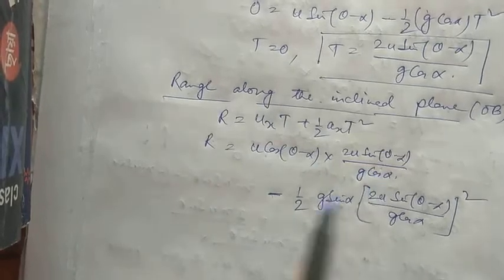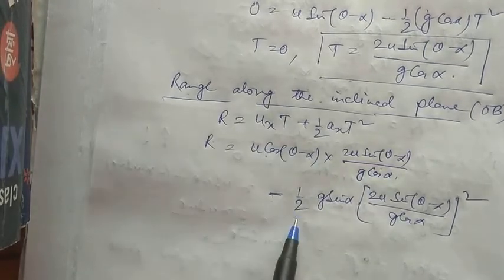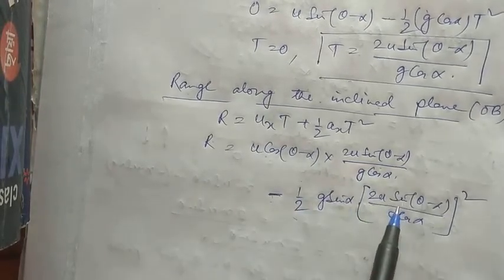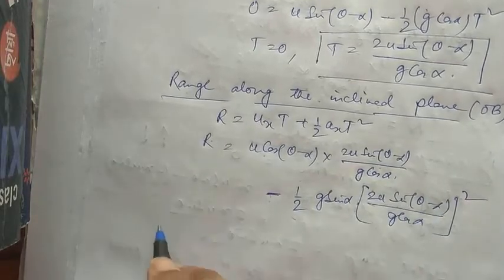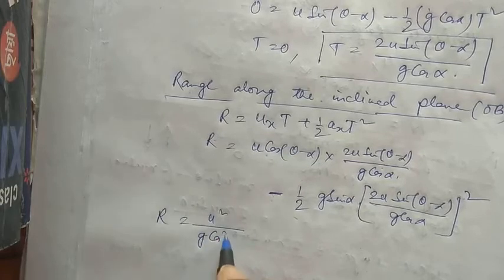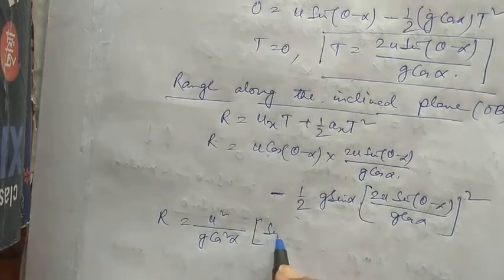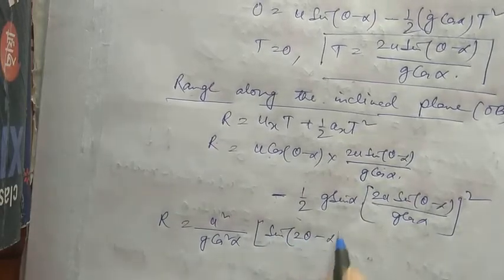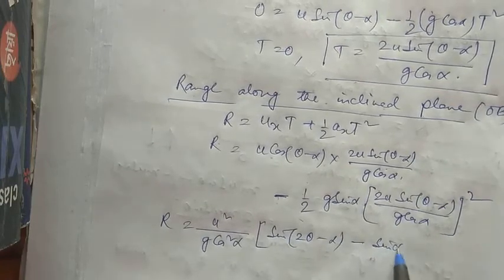This comes out to be u square by g cos square alpha into sine of 2 theta minus alpha minus sine alpha.